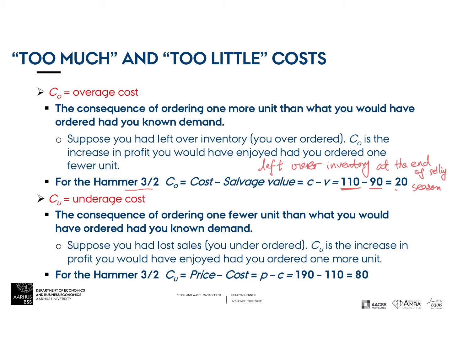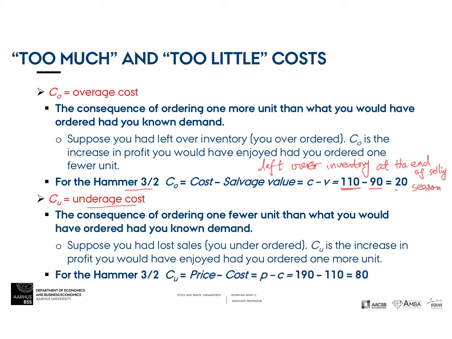On the contrary, we have the underage cost. The underage cost is the consequence of ordering one fewer unit than what you should have. If you already know the demand beforehand, you can order the optimal quantity and just match the supply and the demand. But in this case, you actually ordered one unit less.